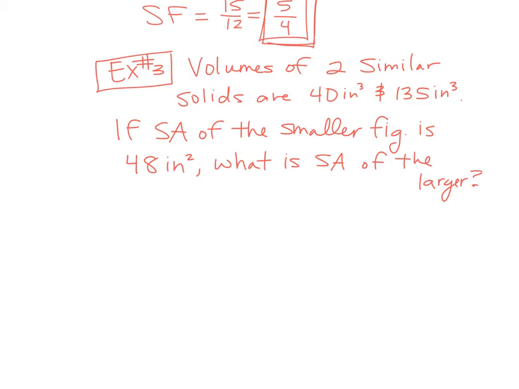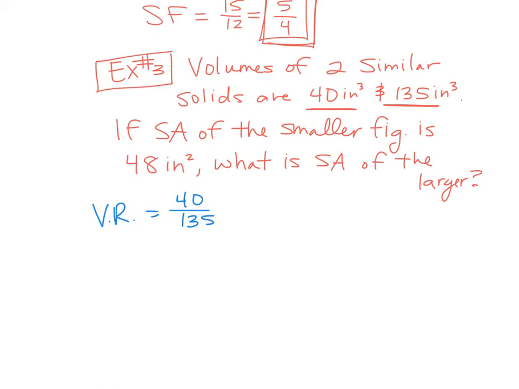Do we know scale factor, surface area ratio, or volume ratio? Volume, right? Because we have two volumes. We have 40 and 135. So my volume ratio is 40 to 135. Okay? I need to turn that into a surface area ratio so I can set up a proportion.